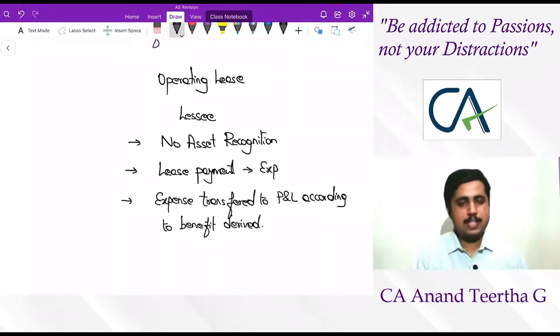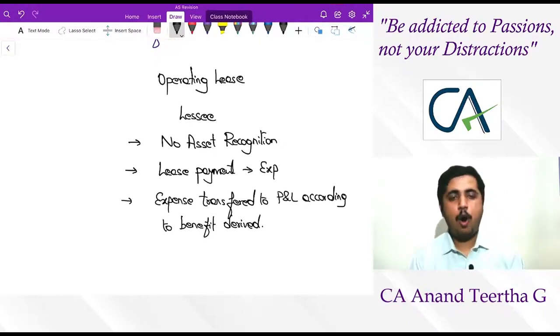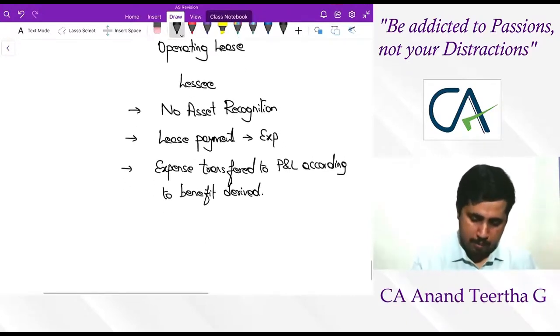That's how the lessee is supposed to consider. So no asset recognition, whatever expense is there entirely applies for the lessee. P&L shifting will be done according to the benefit derived out of the lease asset. So this is how you have to consider your operating lease in the lessee's books. What about the lessor?